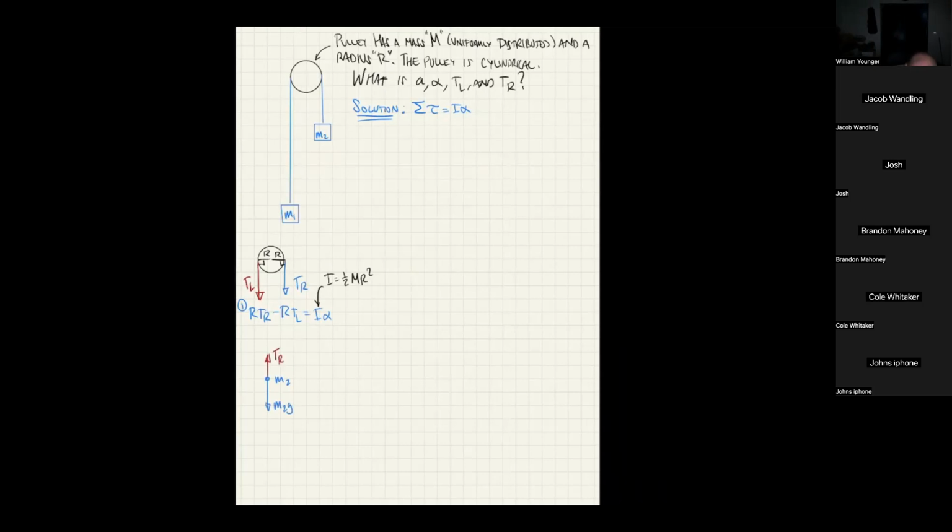So with this one, I am going to get M2G minus TR is equal to M2A. And I'm not going to subscript the A because if the mass on the right moves down 1 inch, the mass on the left is going to move up 1 inch.